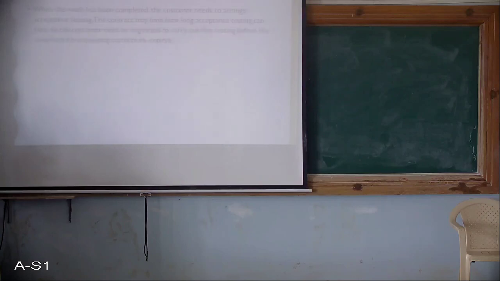The contract may limit how long acceptance testing can take, so the customer must organize to carry out the testing before the time limit expires, requesting corrections. Say the warranty for that product is 3 months, for example.